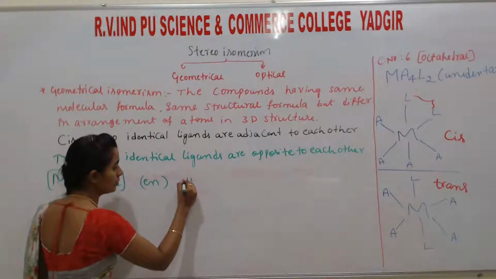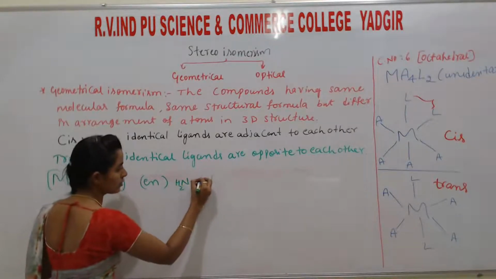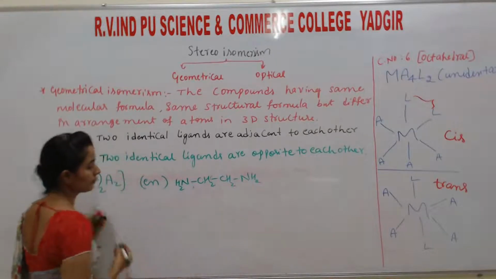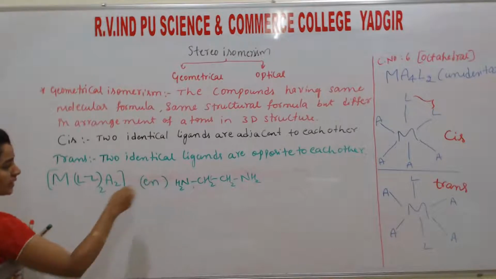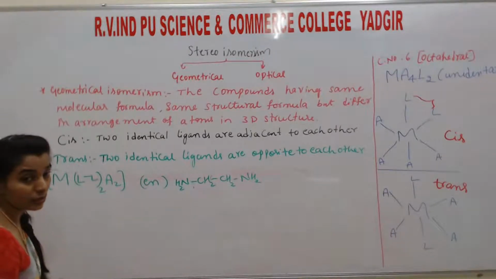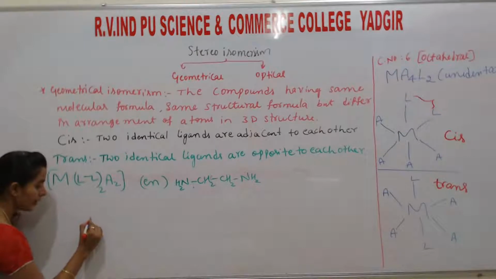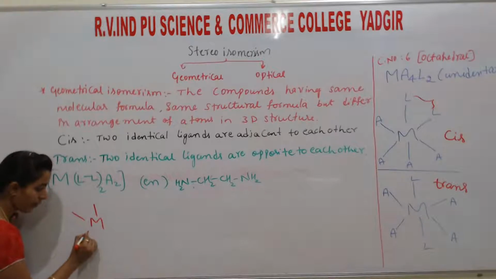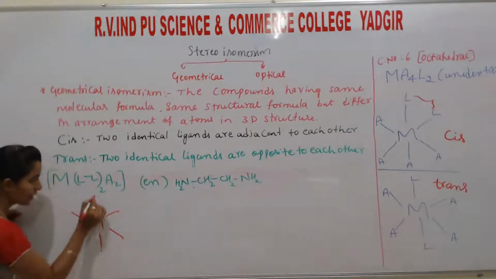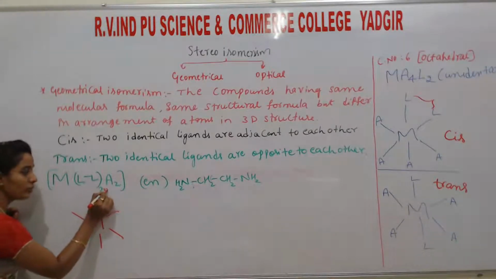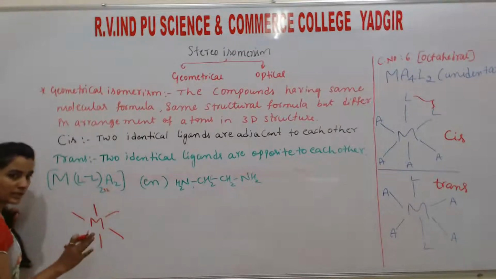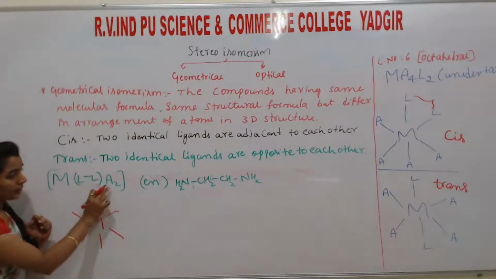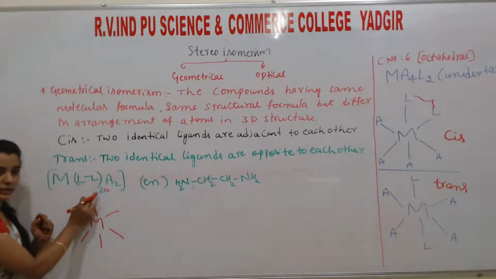That is NH2, CH2, CH2, NH2. Assume this is a bidentate ligand. So listen, M is here, students. Six bonds it can form. If it is a bidentate ligand, that is 2 into 2, 4 plus 2, 6. Coordination number 6 only. So formula is M(LL)2A2. That is bidentate ligand.